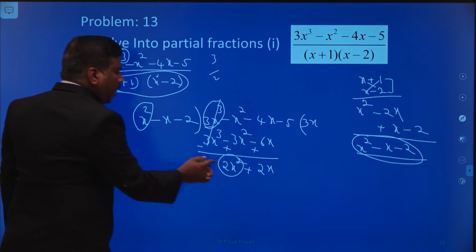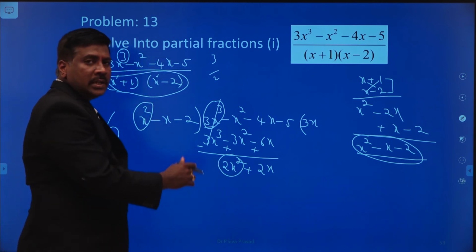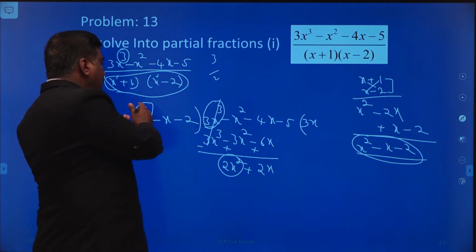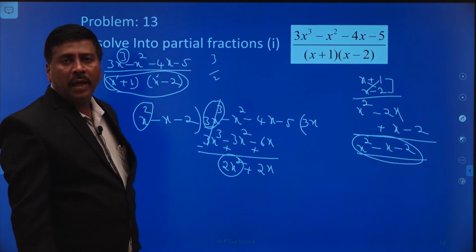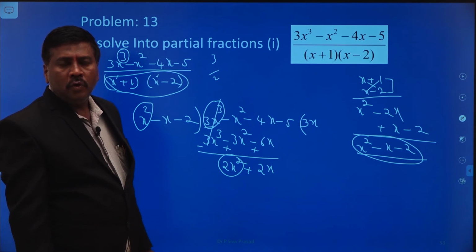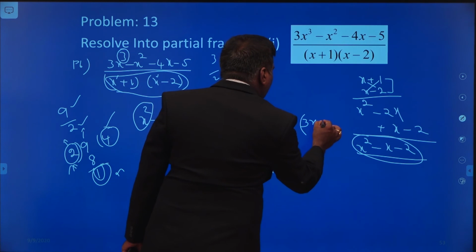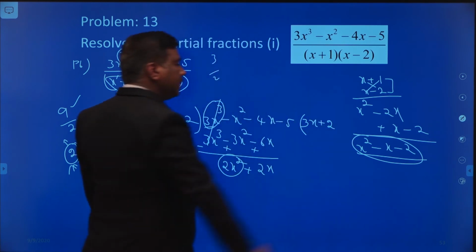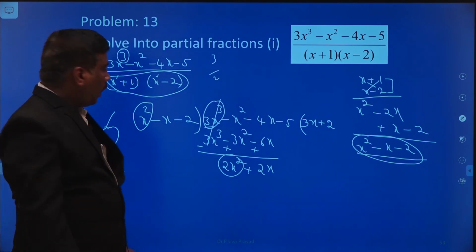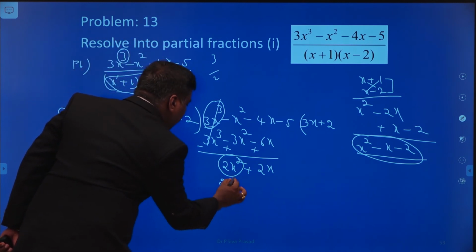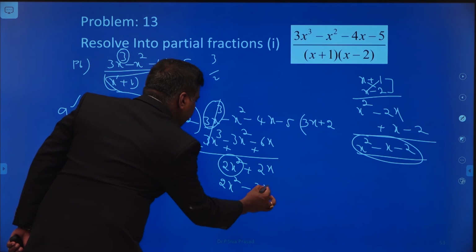So, this is x square and our intention is to cancel this 2x square. On which factor do you have to multiply the divisor to get this 2x square value? You tell me, what is that value? Here we have to take plus 2 as the constant. Then I multiply the divisor, and we get 2x square minus 2x.